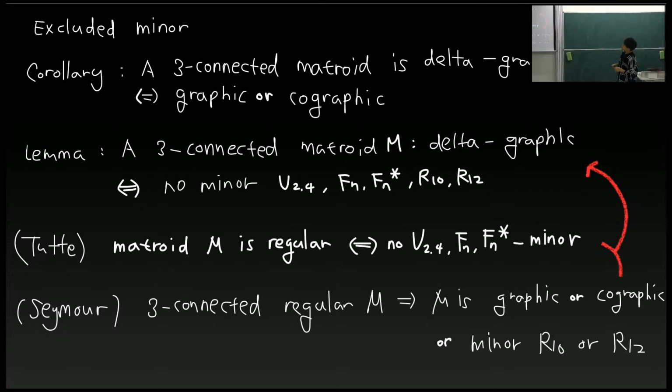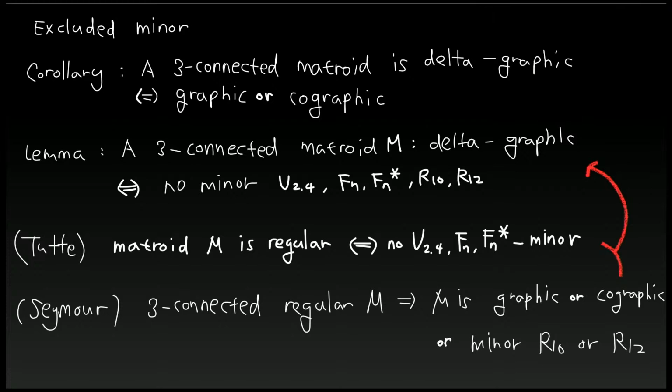For the excluded minor theorem, the three-connected case is easier because we already know this corollary: a three-connected matroid is delta-graphic if and only if it is graphic or cographic. So here is a lemma characterizing the three-connected excluded minors for delta-graphic matroids.